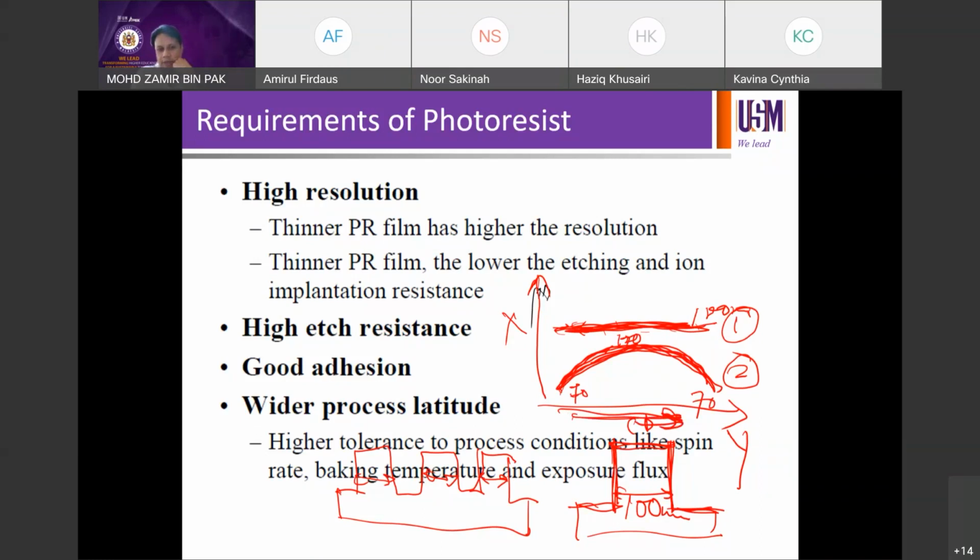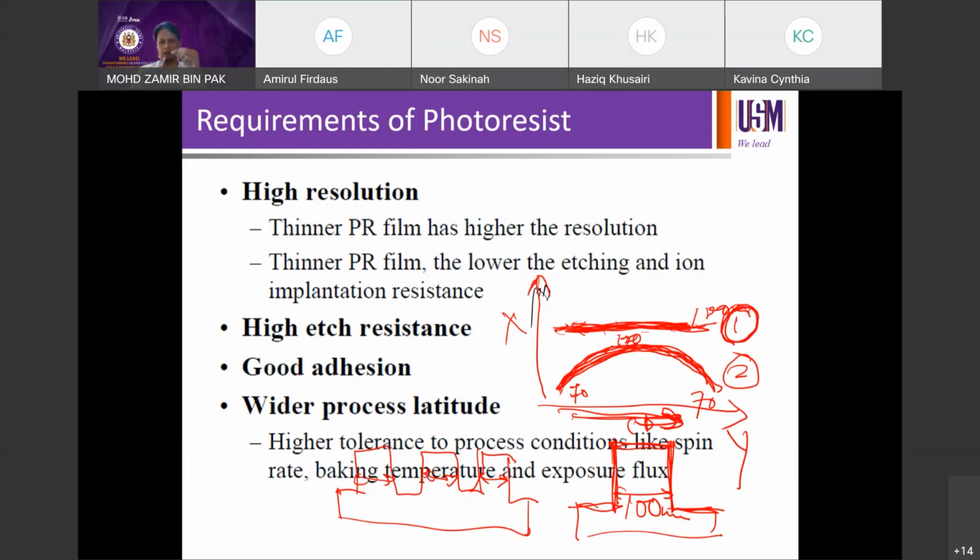So in this case, the question was, which process is more stable? Which process has a wider process window? So the answer would be process number 1, because despite the fluctuation of the parameter y in this case, the CD remains unchanged ataupun minimal change. Mungkin gradient is very small, close to 0. On the other hand, if you use process number 2, kalau you tukar y sikit ataupun y fluctuating sikit, yang you tak tukar pun, you tak control tapi dia fluctuating, then the CD is already on the rise, isn't it?